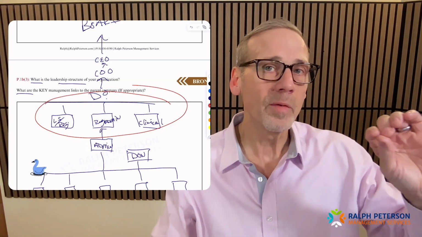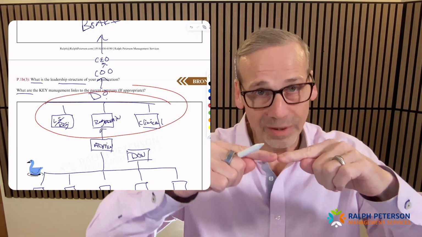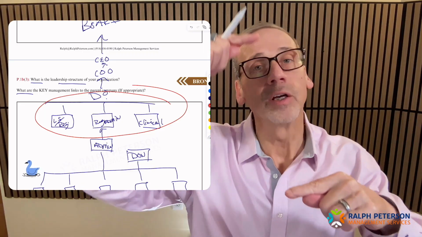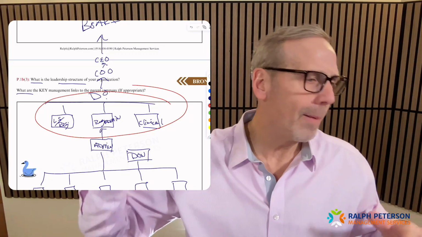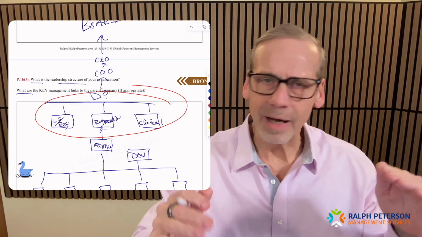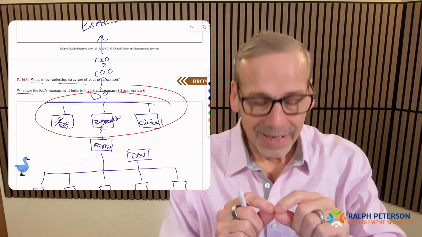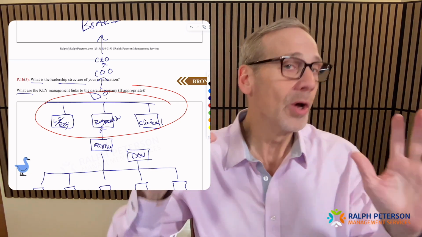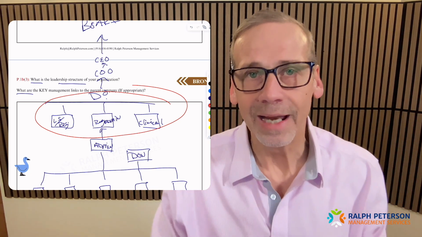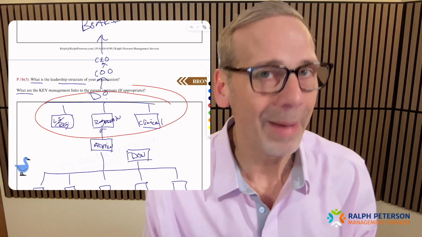If you are governed by a parent organization, you're going to share what those reporting relationships look like going up. You don't have to stress about this question. It's very basic. Tell us the reporting relationships going down, who reports to who, and then the reporting relationships going up if you have a parent company. That's it. That is P1B3 of the Bronze Quality Award application.